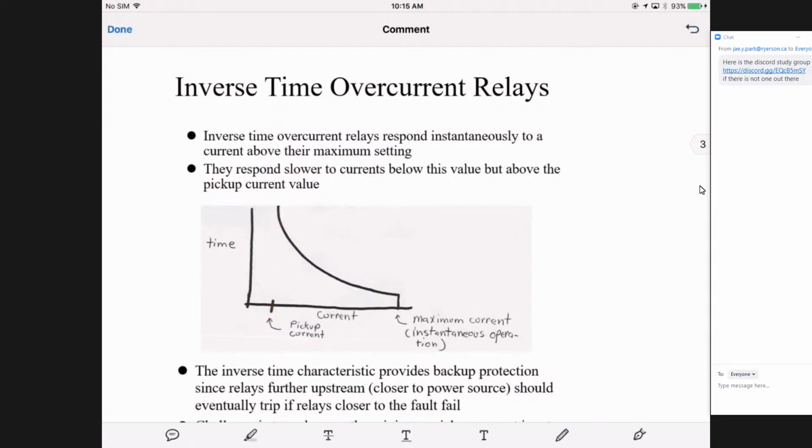How we decide the pickup current and all this, you will go through in your project. So after the project you will know how to do the design. And overcurrent, how you consider overcurrent, what margin you are going to give, all this will be included in the project.